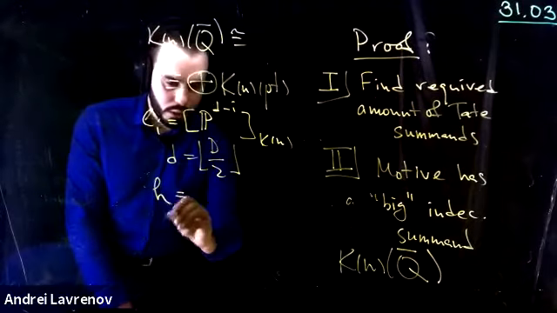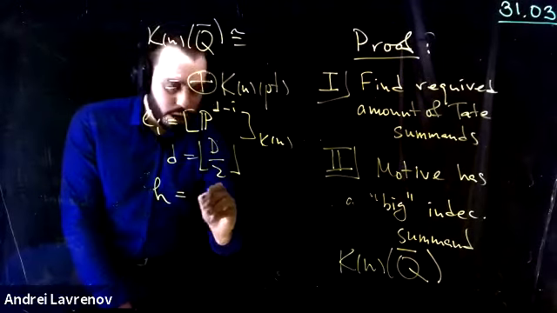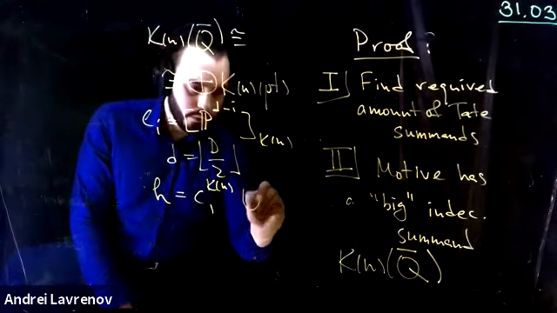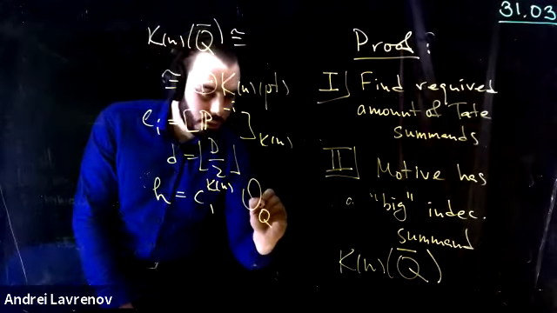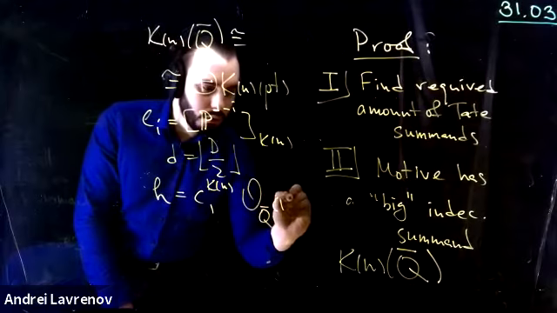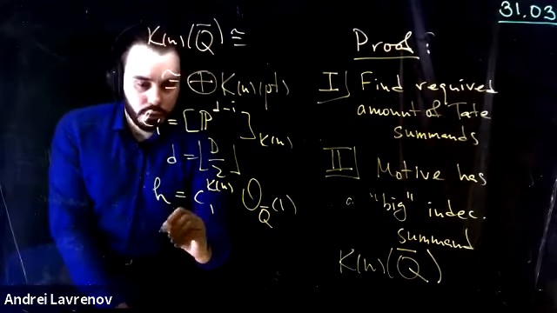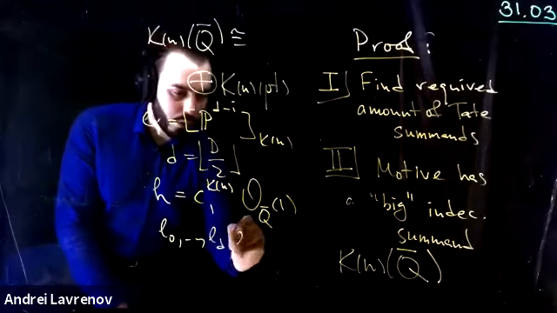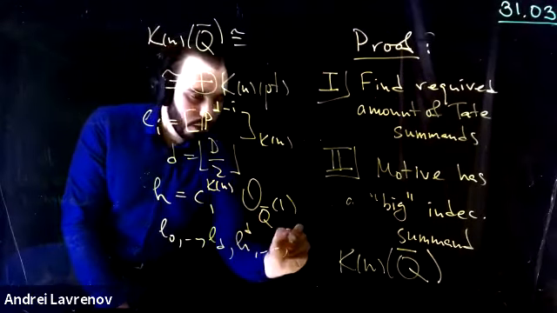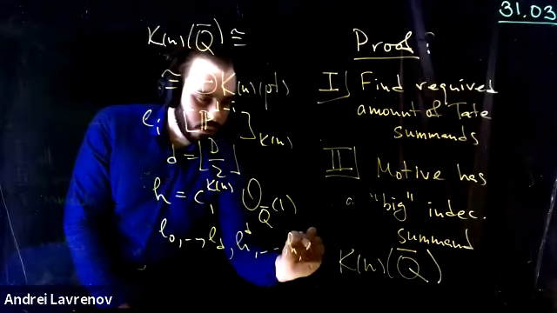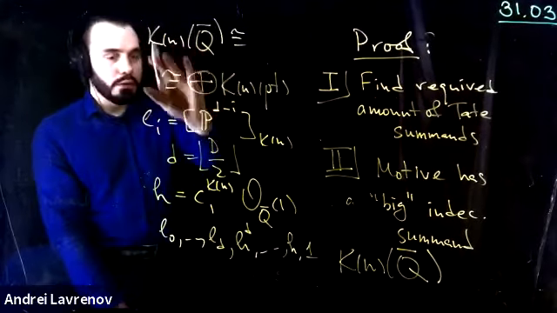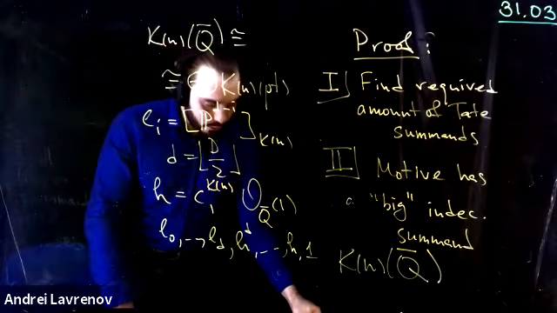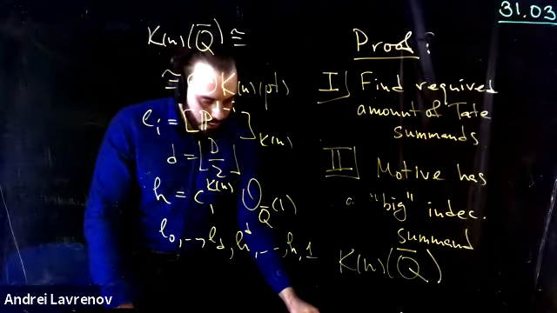Also, by H I will denote the characteristic class of O(1) on Q, and then these L_i's and powers of H form a base of this ring. As for Chow, this works for any theory.